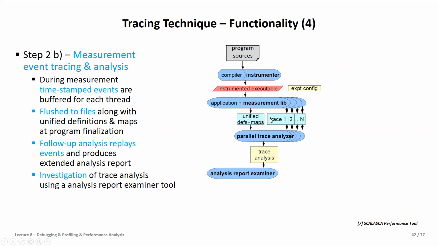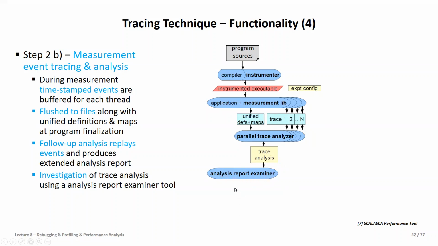Here we have time-stepped events that are dropped for each thread and kept for replay. So you have a whole execution of the parallel application that you can reuse and reanalyze with a specific tool in question.